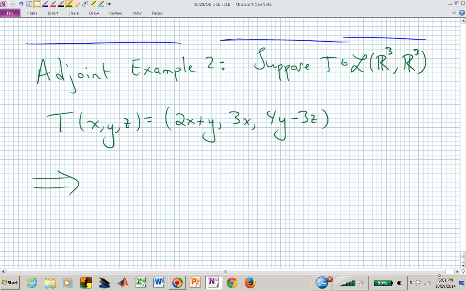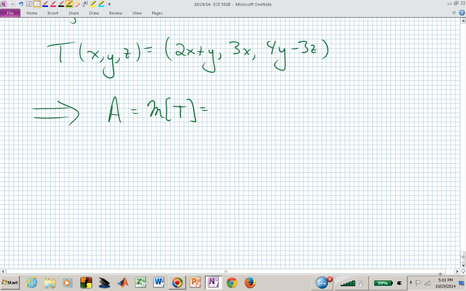We can use the same process that we just used, can't we? We can find the A, which is, let's say, the matrix representation of that linear map. What are the dimensions on A? Again, it's 3 by 3, isn't it? What's in the top row of A? Second row?